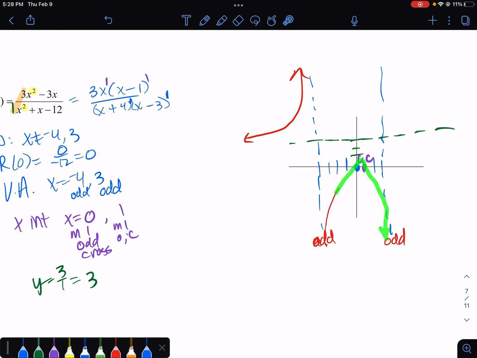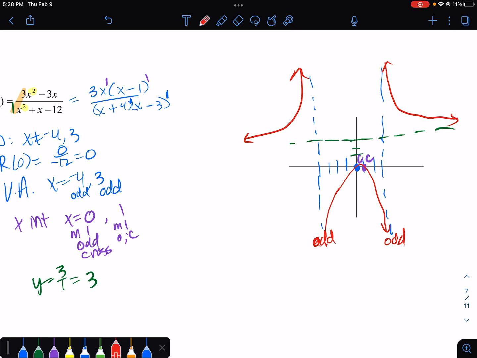So then I'm going to come back down to here. So cross, cross, come back down to here. Okay. And then this asymptote is also odd. So on the left, it's coming from the bottom. So that means it has to come from the opposite side on the right. So on the right side, it has to come from the top. So then we're going to have this picture.